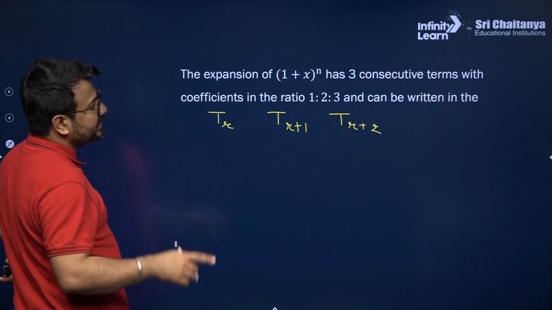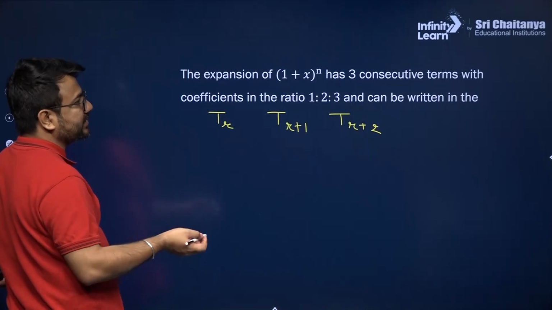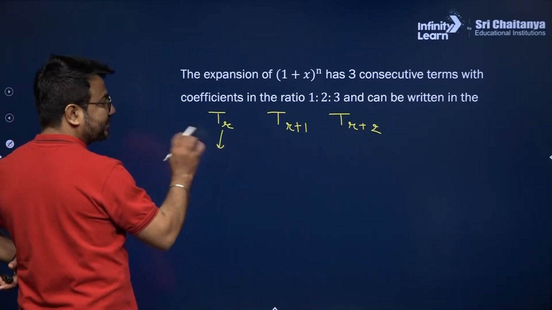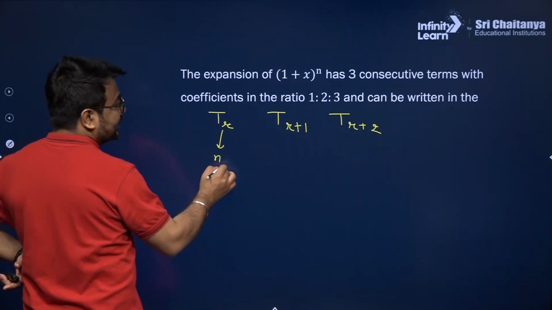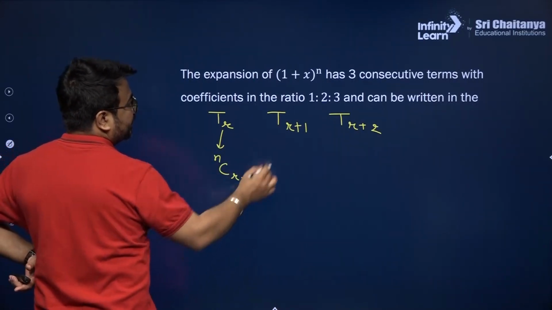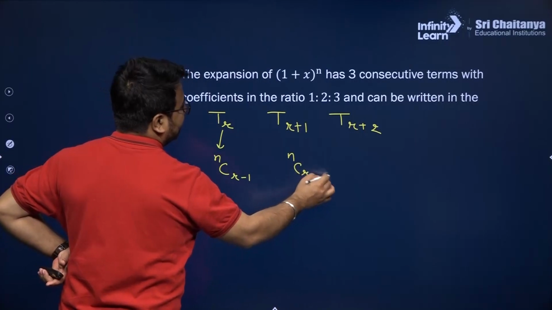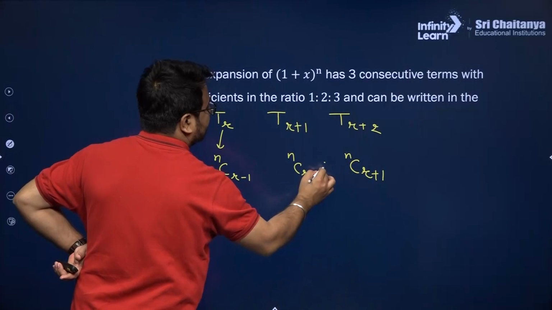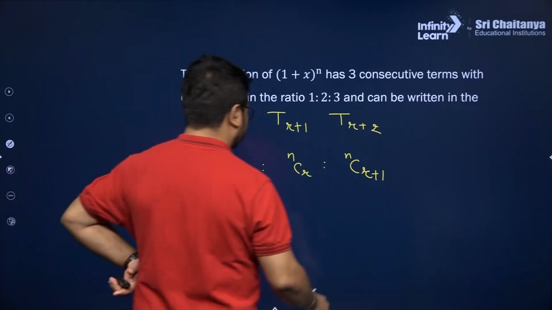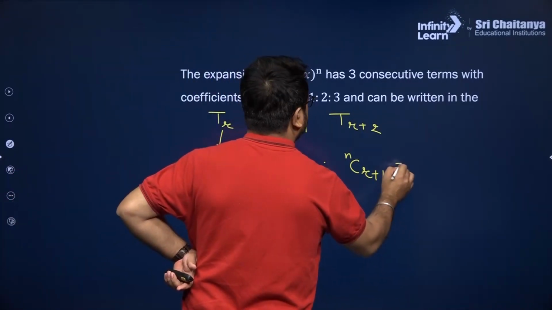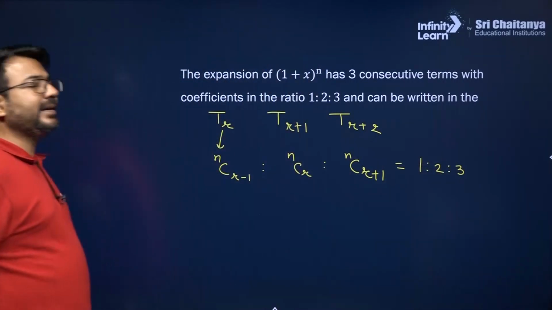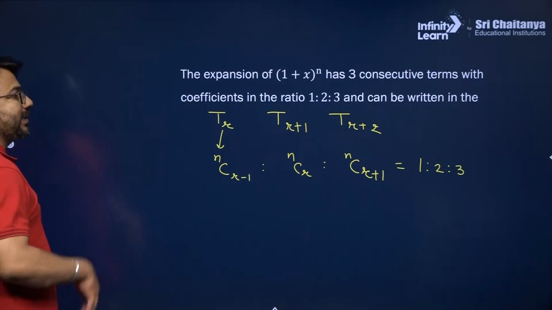So the coefficient of this particular term will be nC(r minus 1). The coefficient of this will be nCr. The coefficient of this will be nC(r plus 1). So the ratio of these three terms is equal to 1:2:3.